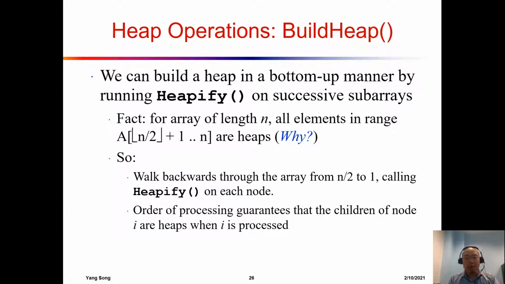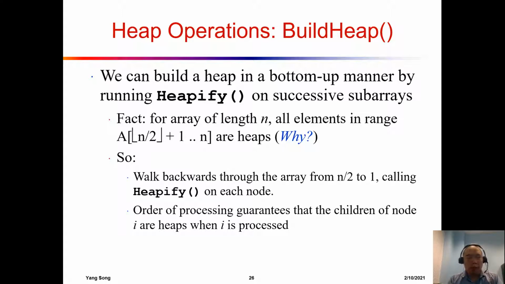So what does that mean? For the right half of the list, there's no point for us to do the heapify, because each is a leaf and already a valid subheap. So we don't have to touch them.